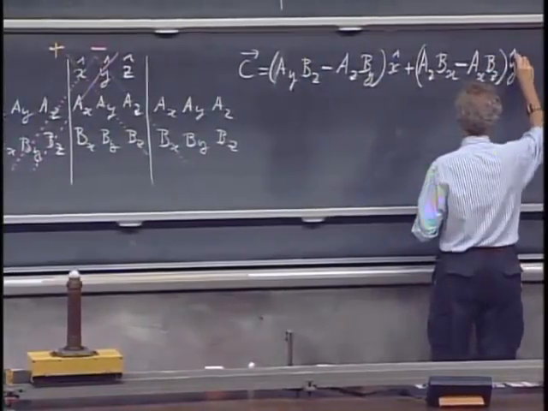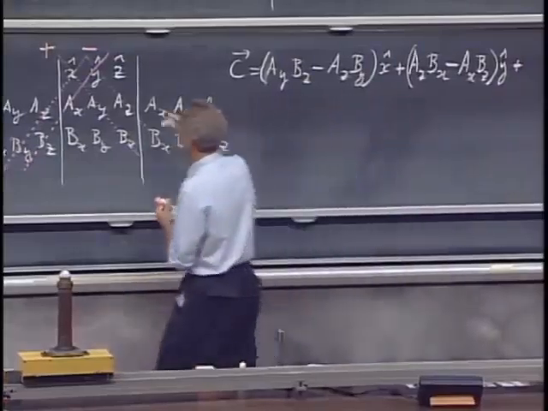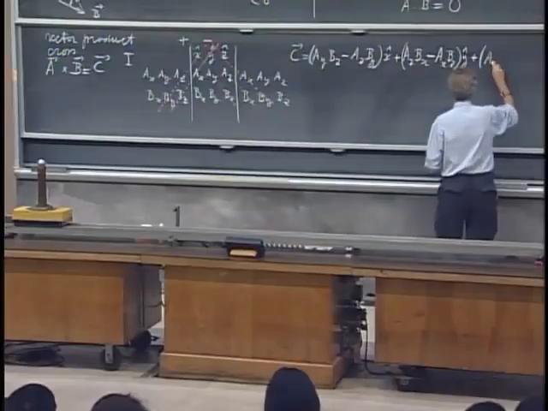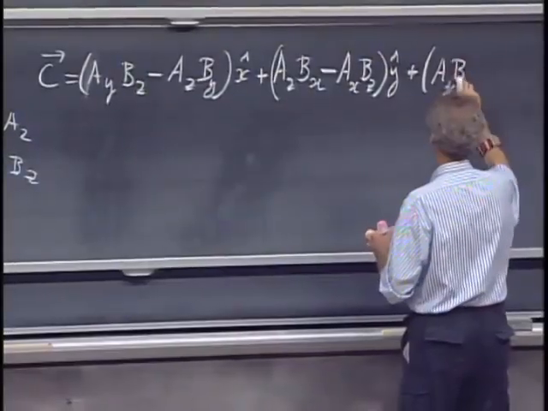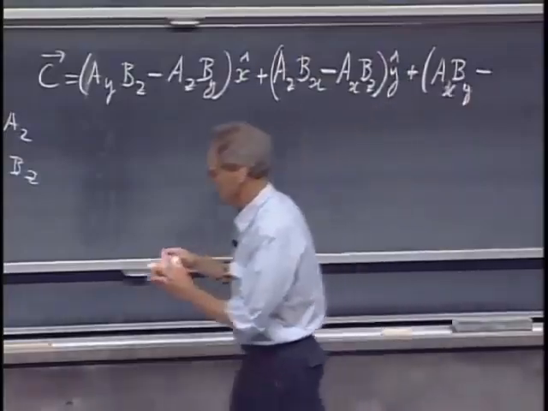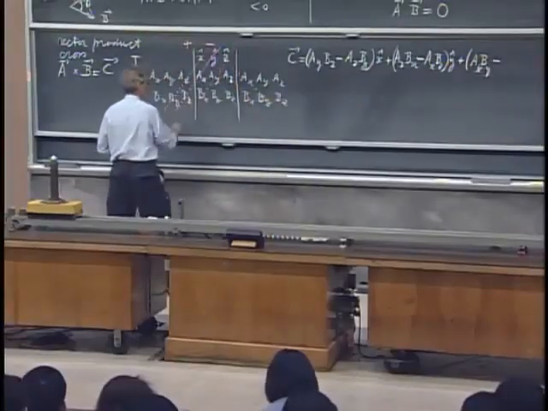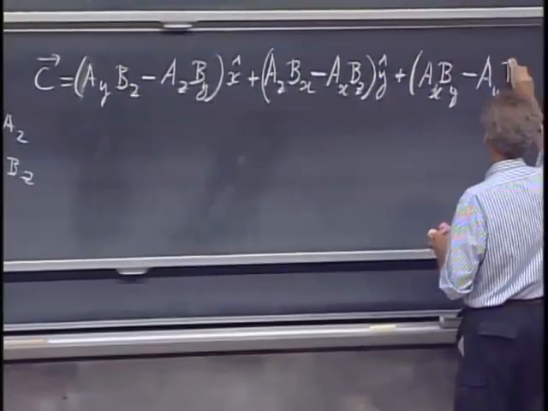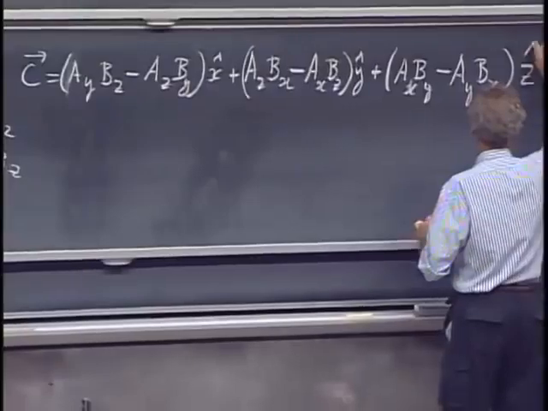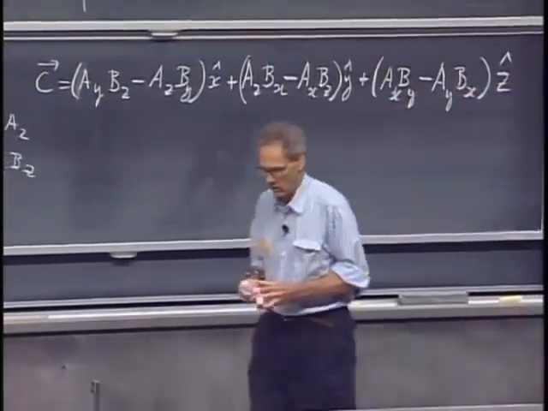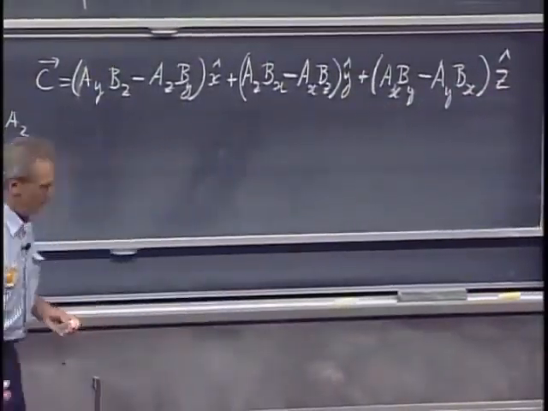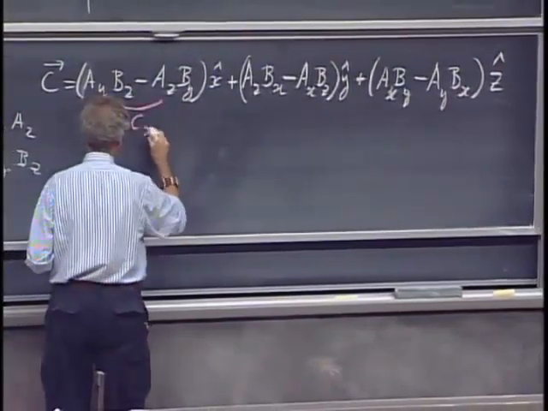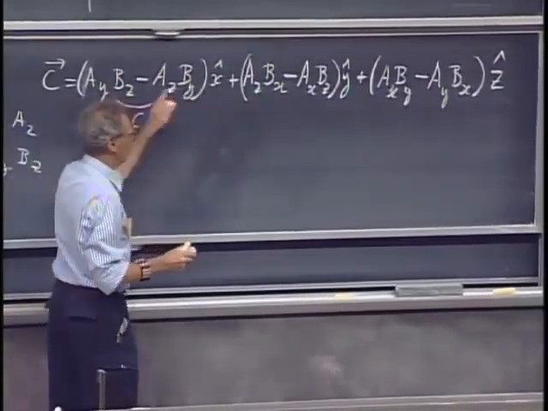In the direction Y. And last but not least, AXBY minus AYBX, in the direction of the unit vector Z. So this part here is what we call C of X. It's the X component of this vector.